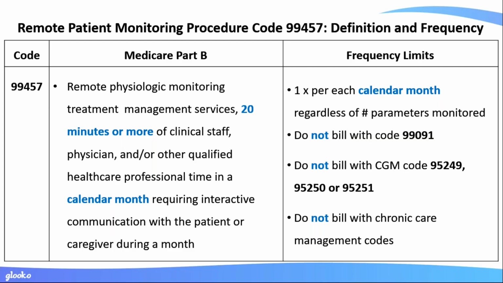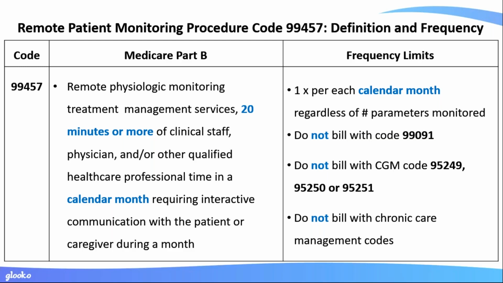And we don't want to bill also the remote monitoring, this code 99457, with the chronic care management codes. Same patient, same period of time, like the month of April, because chronic care management is a separate benefit within Medicare that is about virtual care. It is virtual care. The guidelines are different.